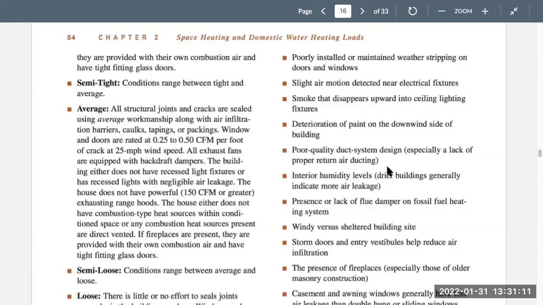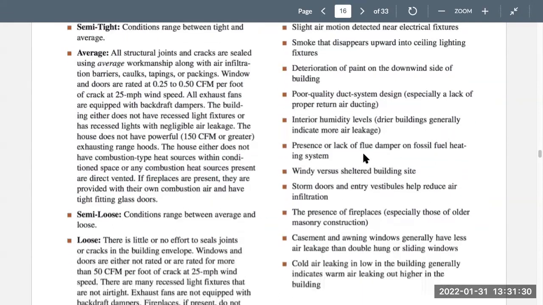Deterioration of paint on the downwind side of the building. Poor quality duct system design. You have interior humidity levels. So if you have a really dry building, generally that means there's more air leakage. I found that interesting. You don't have any flue dampers on your fireplaces.